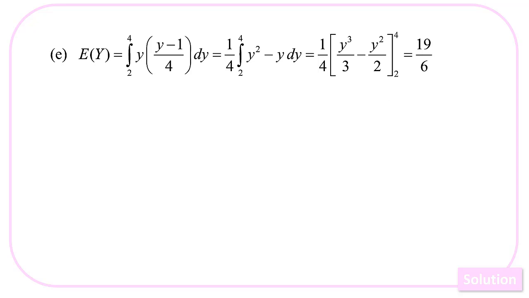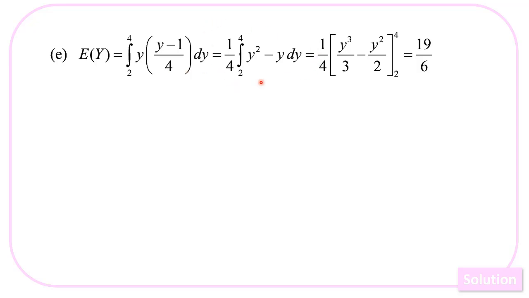For question E, we want to find the expectation. The expectation of y is the integration of y multiplied by f of y with respect to y. Before we integrate, we need to expand the function. We know that 1/4 is the coefficient, so we can bring it out from the integration.